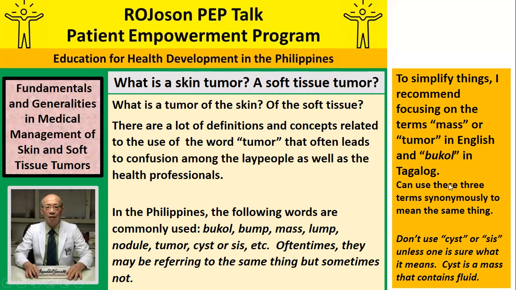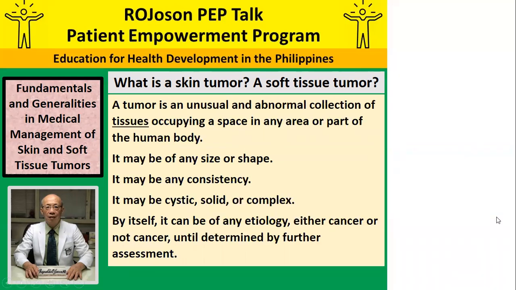One can use these 3 terms synonymously to mean the same thing. Don't use the word cyst or kist unless one is sure of what it means. Cyst is a mass that contains fluid substance. So a tumor is an unusual and abnormal collection of tissues occupying space in any area or part of the human body.